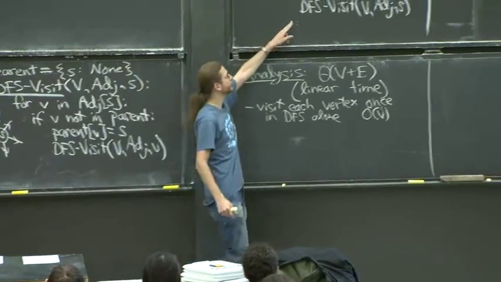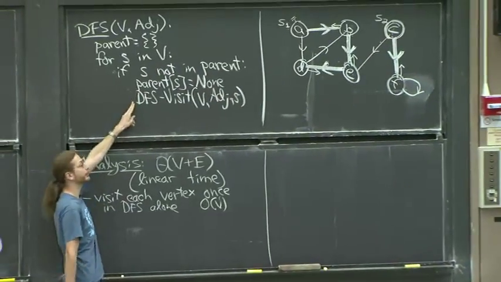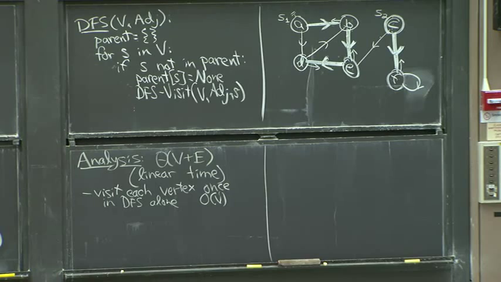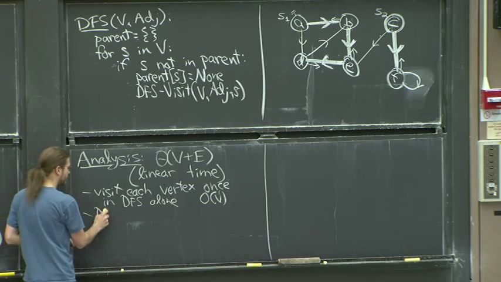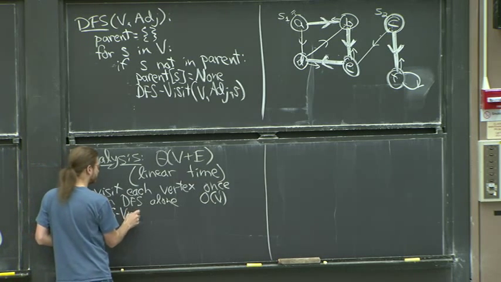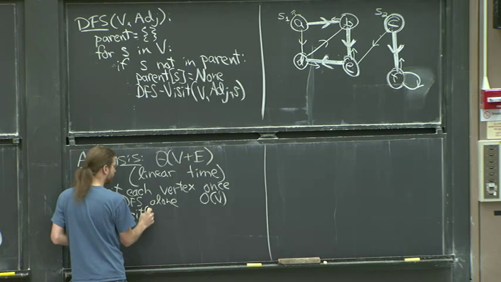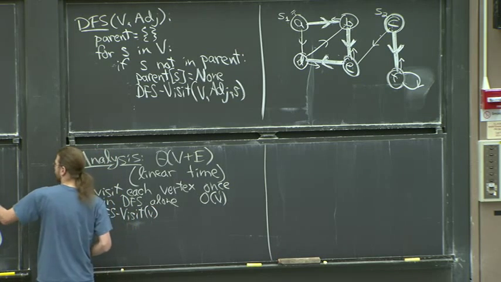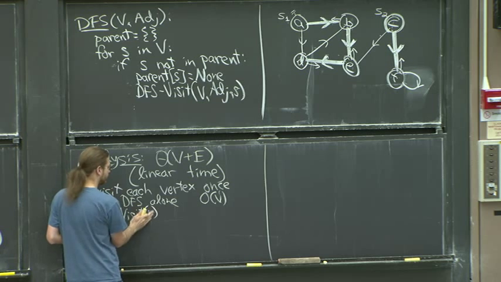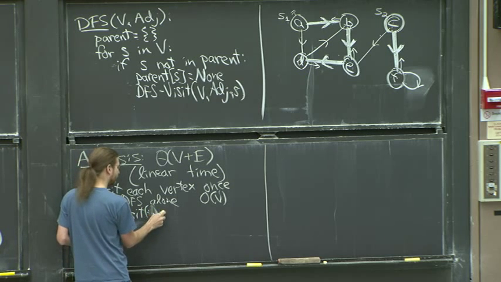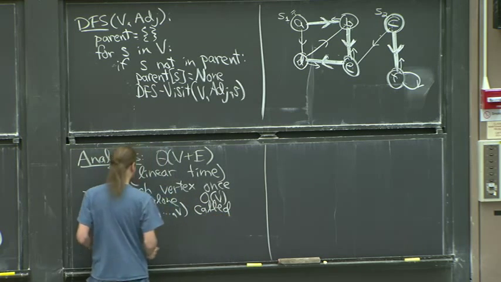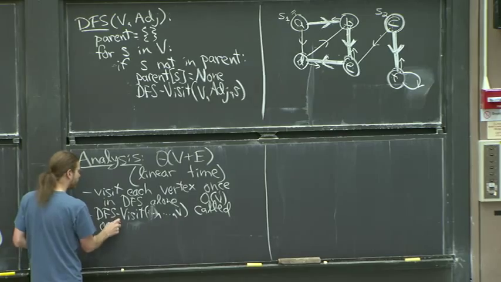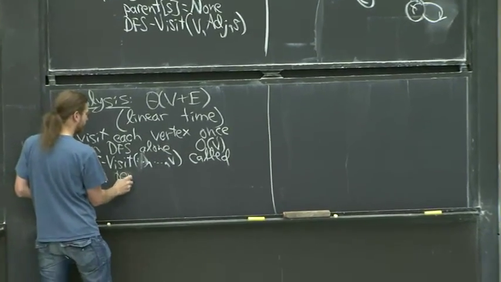Right before we call DFS visit on v here, we set its parent for the first time, because it wasn't set before. So DFS visit, I'm going to just write of v, meaning the last argument here, is called at most once per vertex v.